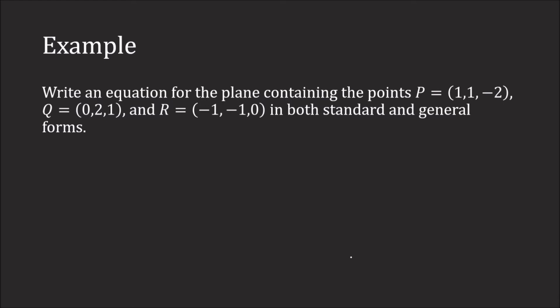Well, remember that the cross product of two vectors gives you a vector that is orthogonal to both of them. So why don't we find two vectors contained in this plane? Well, two such vectors would be the vector PQ and the vector PR.